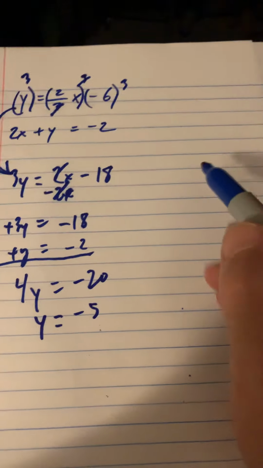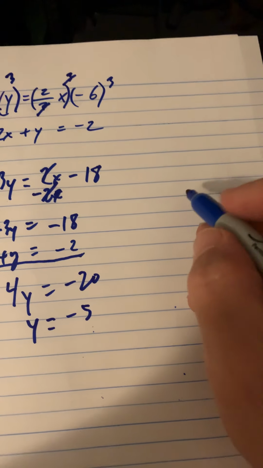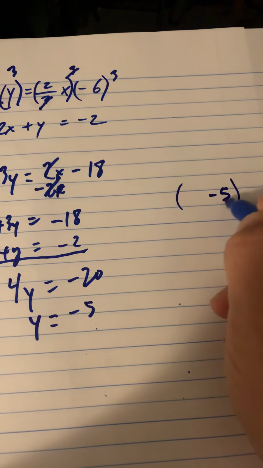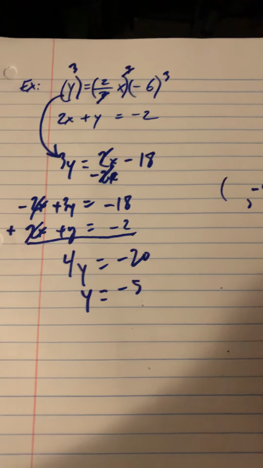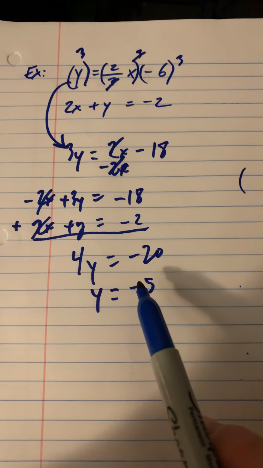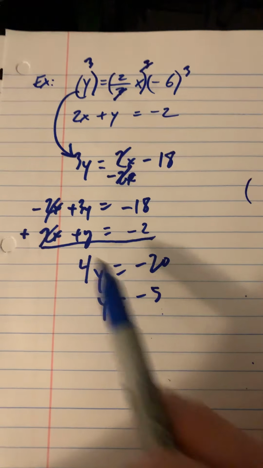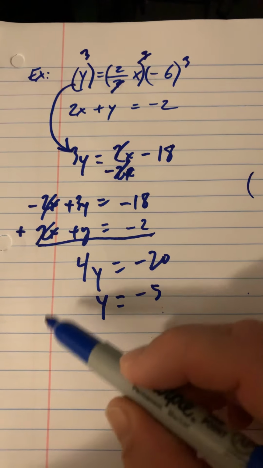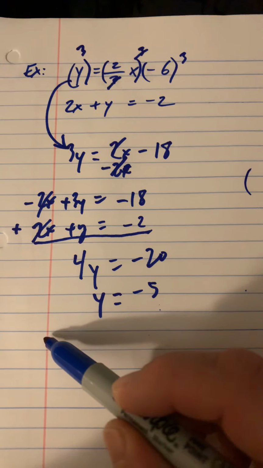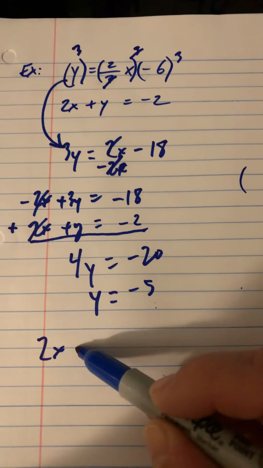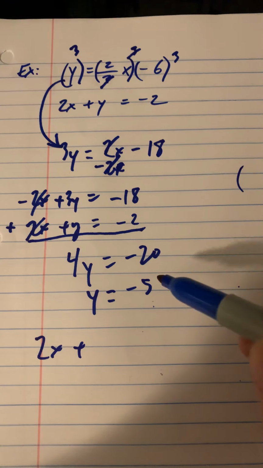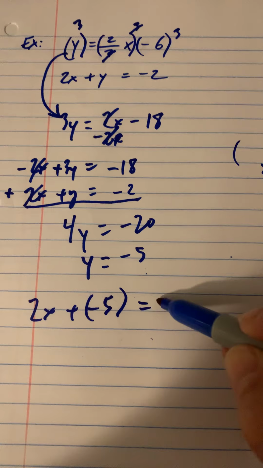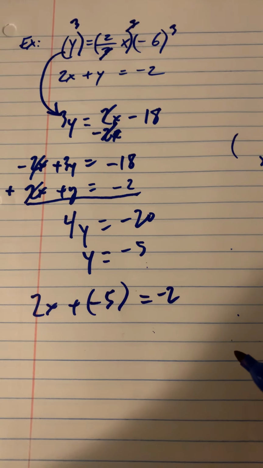So I know that at least part of my answer, if I write it as an ordered pair, is that my y value is negative 5. Then I'm going to take negative 5 and plug it back into one of these equations. I'll plug it into the bottom equation, the original one. It was 2x plus y equals negative 2, and now instead of y I put in negative 5. Does it make sense?